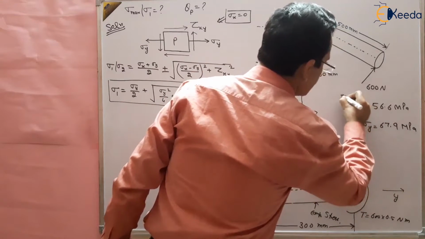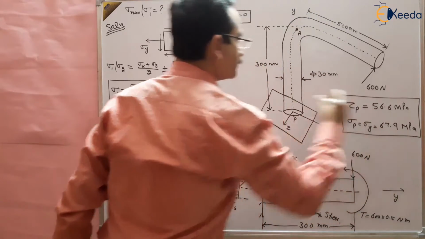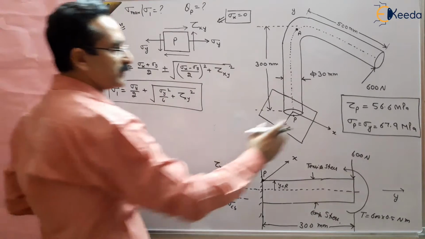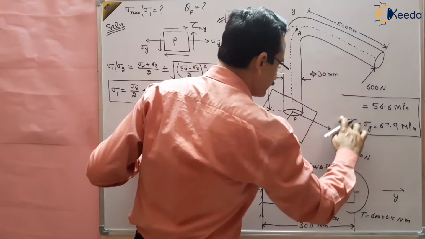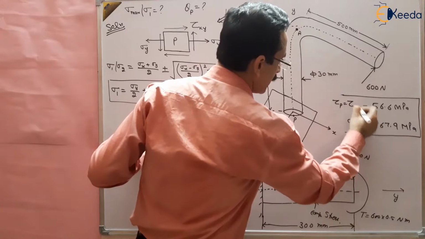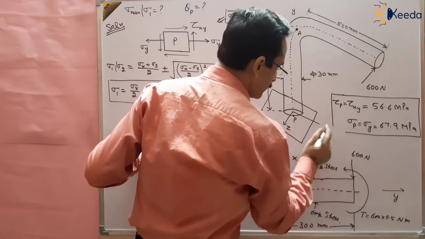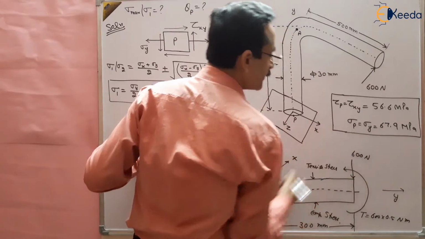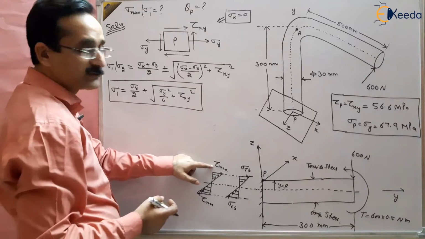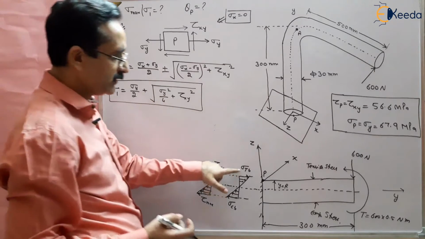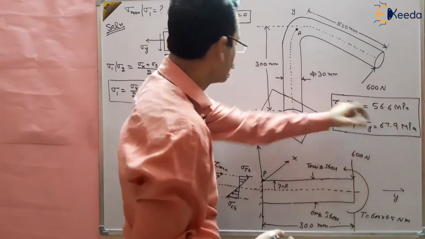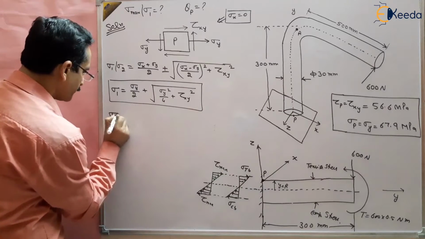So tau p is basically tau xy. Put the value of tau xy, 56.6, and sigma y, the maximum bending stress, 67.9, to get the maximum value of principal stress.